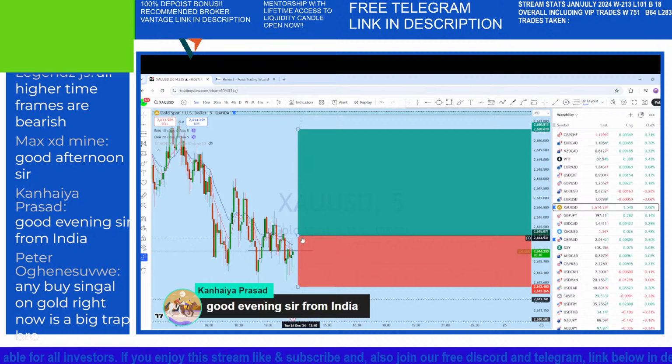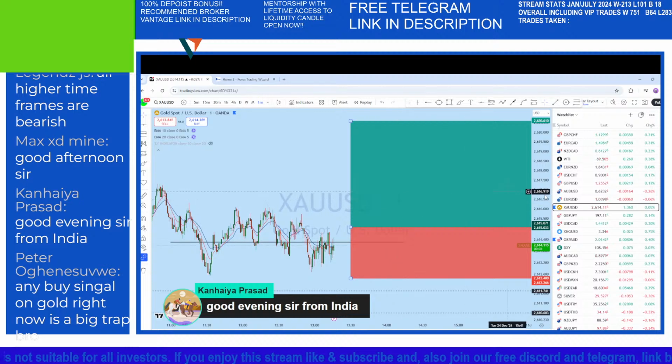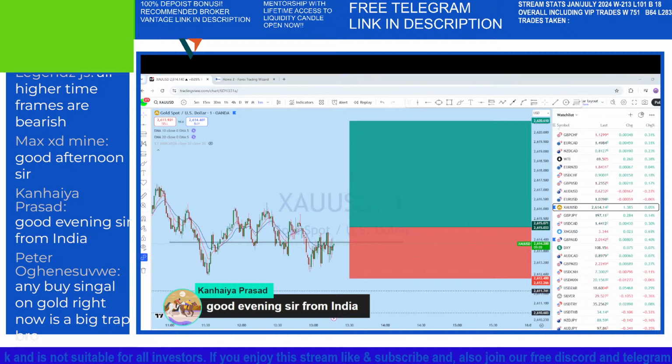I'm still expecting to have a breakout. If I expect, or no, the market will always do its own way. That is why it is very essential that we always keep track by doing proper risk management, which is very important.